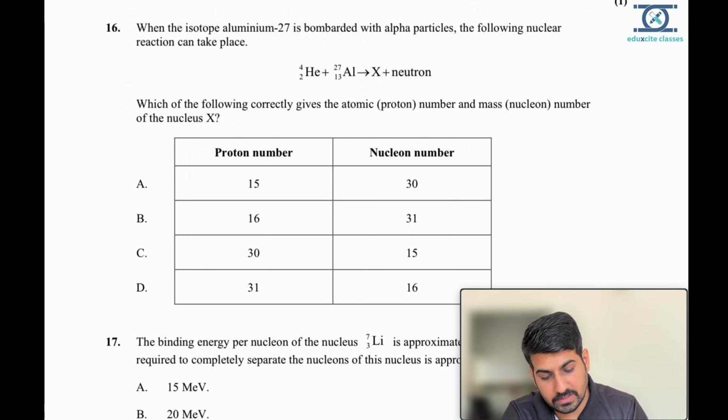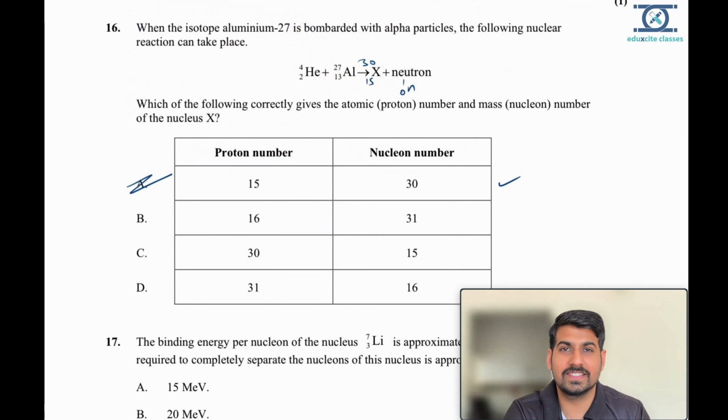Neutron will be having no charge, like this. So this is 27 plus 4, which is 31, and there is 1 here, so this will have a mass number of 30. So only this option. And proton number you can check, 13 plus 2, so this will be 15 and this will be 30. So option A is the right answer.